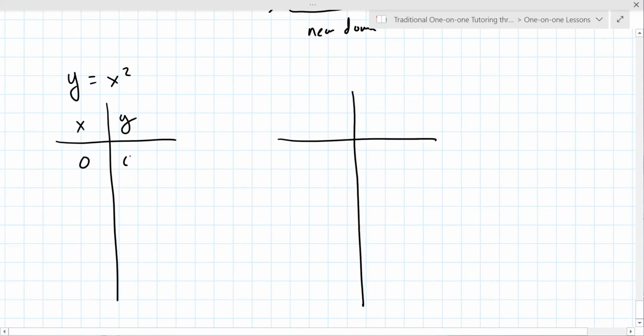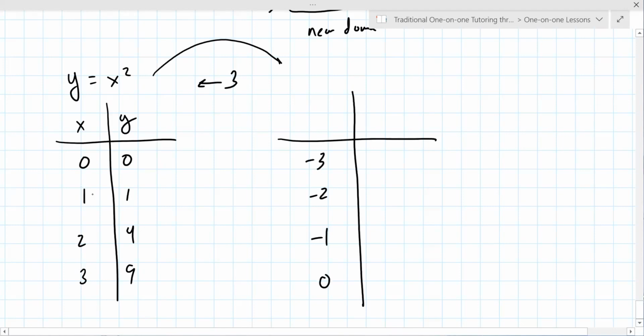Okay, so we'll try to do it as quickly as we can here. But some of the things only affect x, and then some of the things only affect y. So if it's going left 3, that means that all your x values go left 3. So that means -3, -2, -1, and 0.